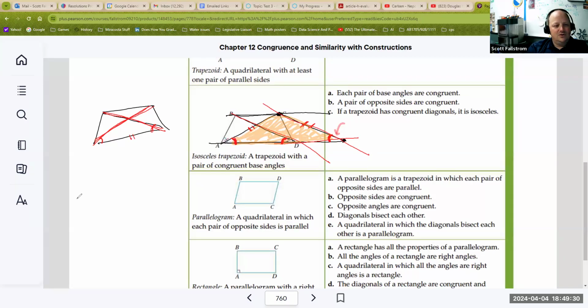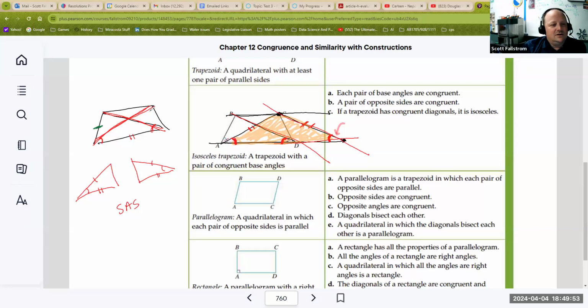And that gives me one triangle that looks like this and one triangle that looks like that. And actually that second one was pretty bad. That looks like this. And I have this side's the same, this side's the same, and the angle down here is the same, which means these two are absolutely congruent triangles by side angle side.